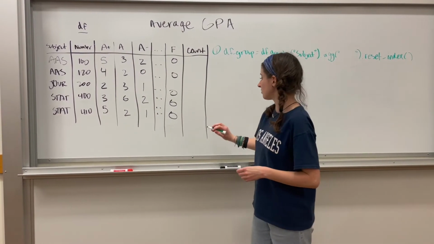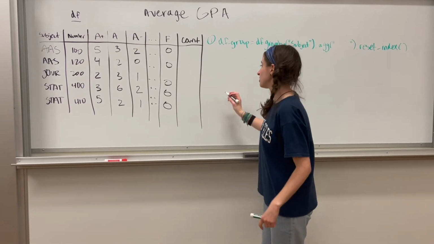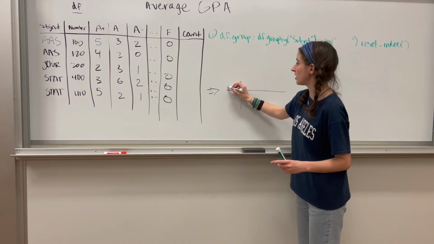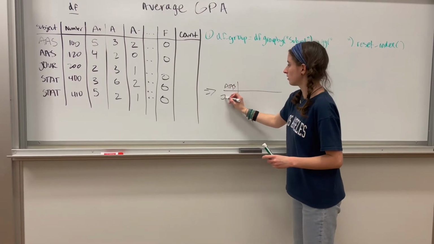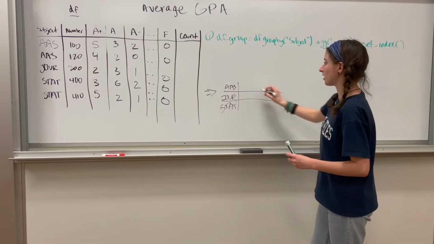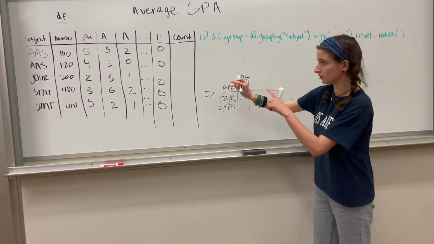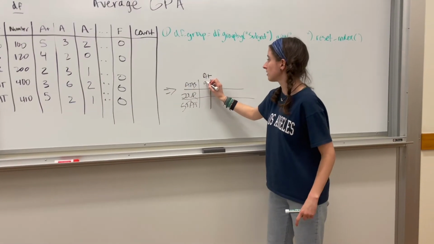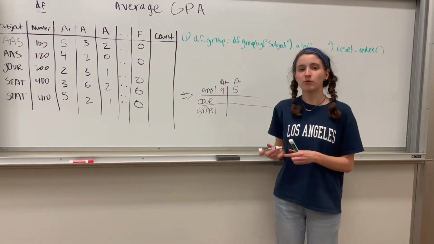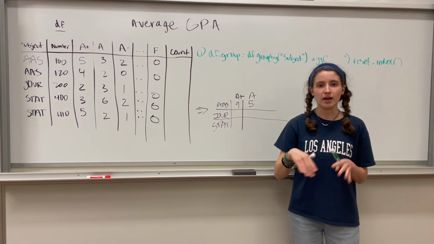So eventually the data frame would look like this, and I'm going to erase this because it's going to take up too much space, but when you aggregate, it'll be one row of every subject, and then it'll add up all the information. So the A plus for Asian American Studies would be a 9, and the A would be a 5. And that will give you the total number of each letter grade given in each subject.